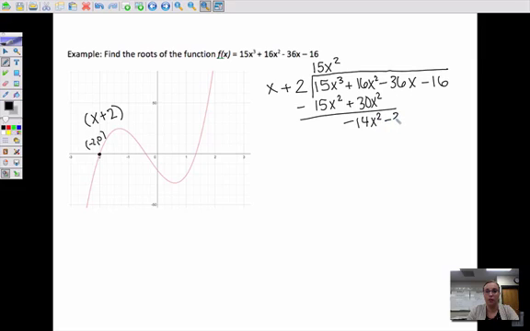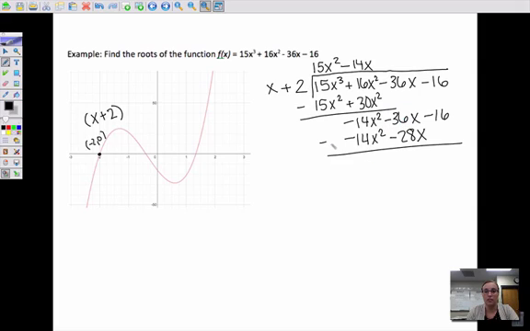And then I'm going to bring down the rest of my polynomial. Now I'm going to figure out x times what will get me negative 14x squared. So minus 14x. That will give me negative 14x squared minus 28x. I'm going to subtract those. These will go away.